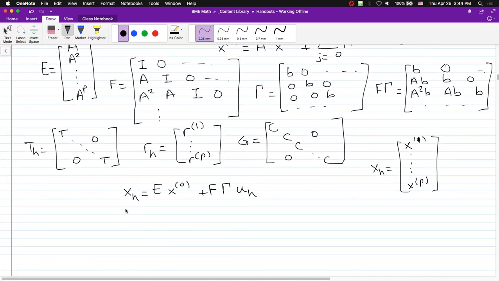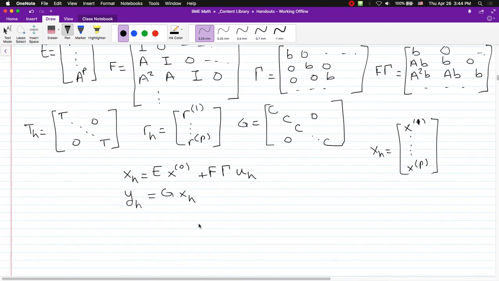The output y, its history, is going to be G times XH. And so now I'm going to write my cost function in terms of the input u and the output y.